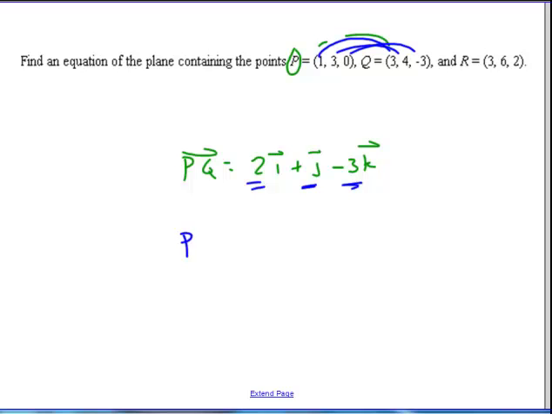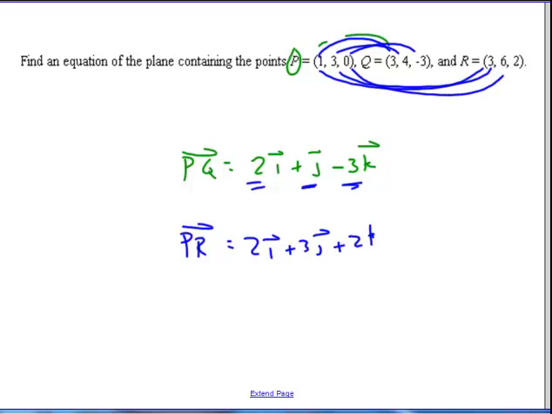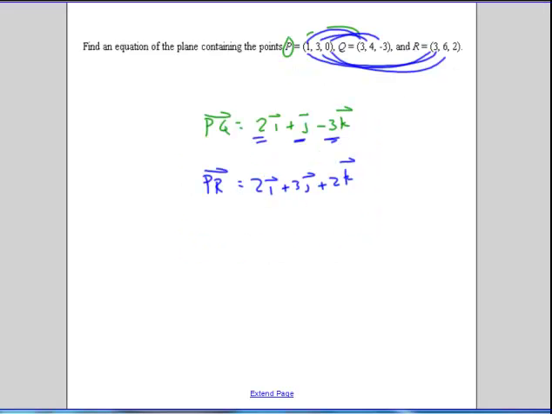And PR equals 2i plus 3j plus 2k. Now I've got 2 vectors coming from the same point, from P to Q and from P to R. To find a normal vector to both of these vectors, which will thus be a normal vector to the plane, my normal vector equals PQ cross PR.